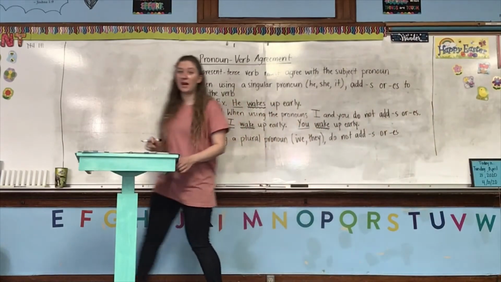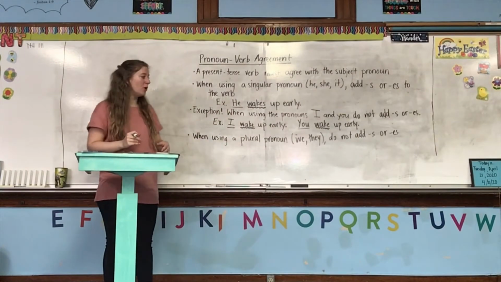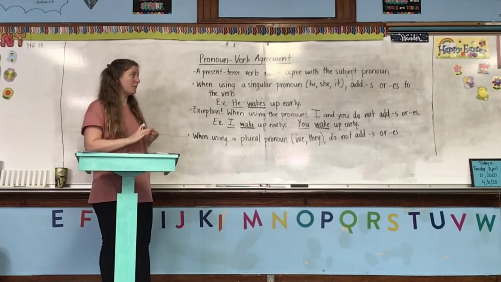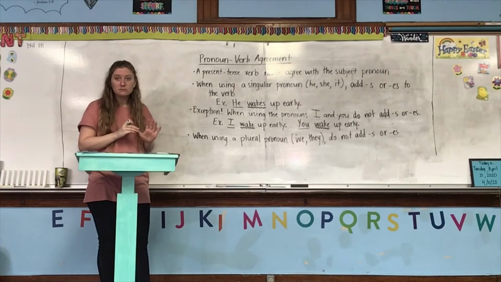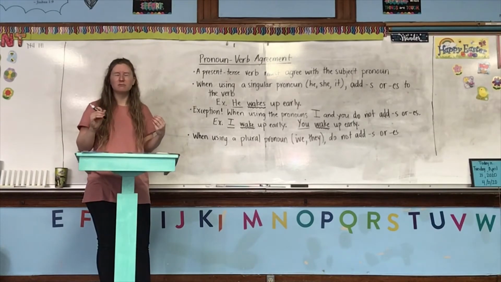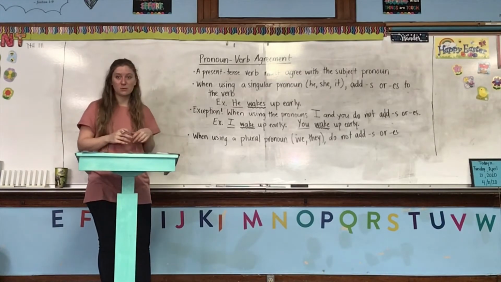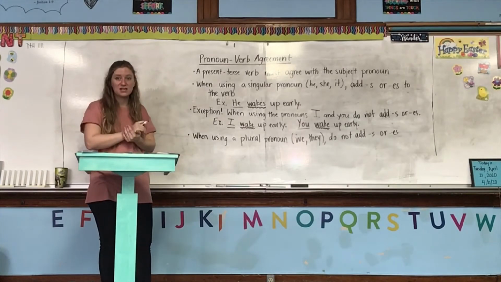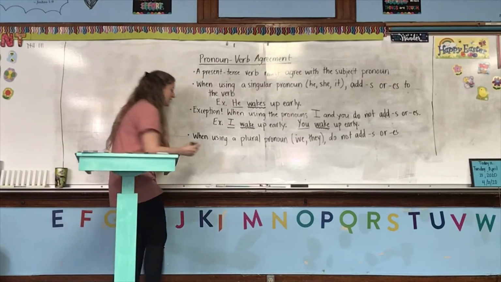Now remember, I'm not including us and them, or her or him, because I'm only talking about subject pronouns. And remember, her, him, me, us, them, yeah, that's it, are all object pronouns. So I'm only talking about subject pronouns. The verb does not have to agree with object pronouns because the verb is happening to the object pronouns, so that doesn't really matter.